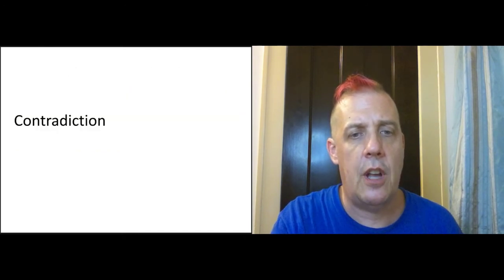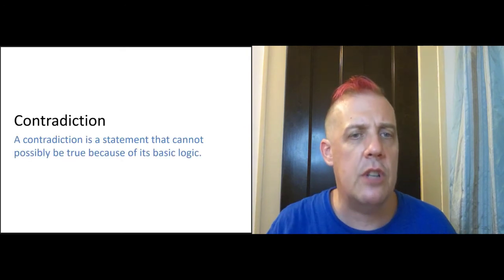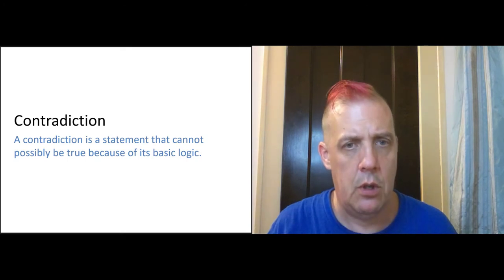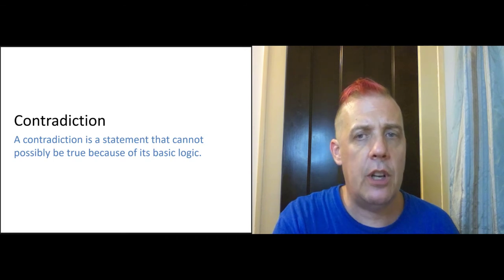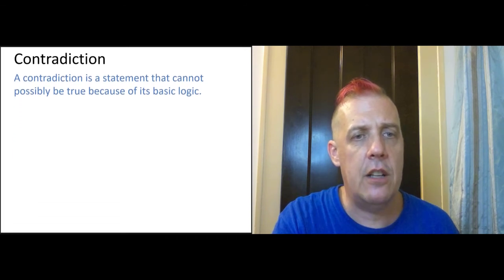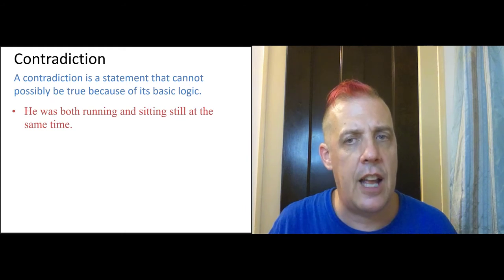So the first idea is the idea of a contradiction. A contradiction is a statement that cannot possibly be true because of its basic logic. So if I say that he was both running and standing still at the same time, I've stated a contradiction.